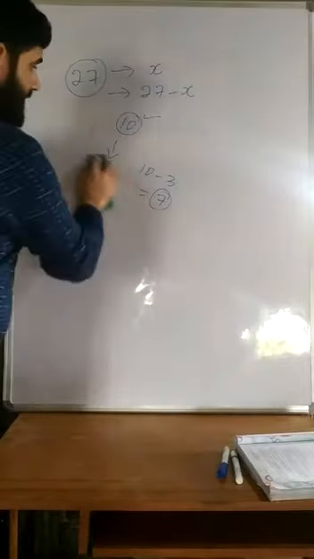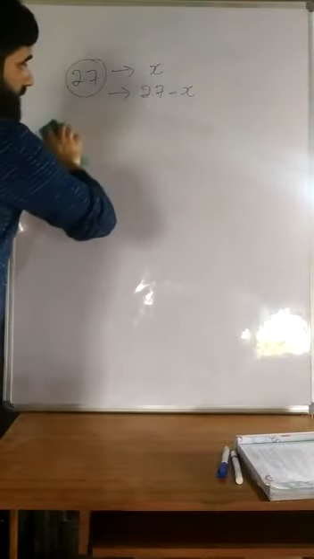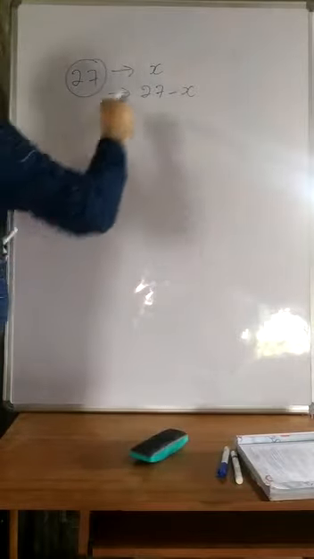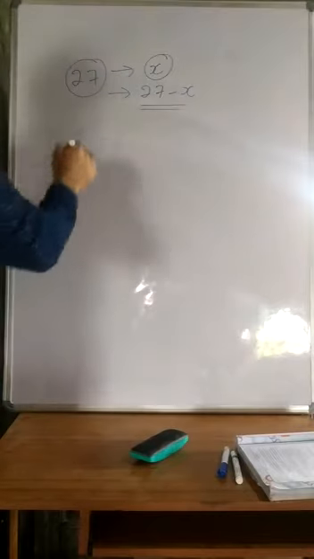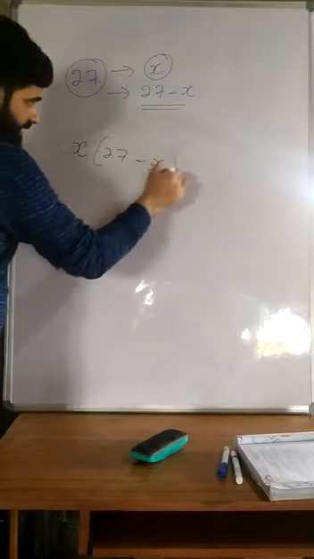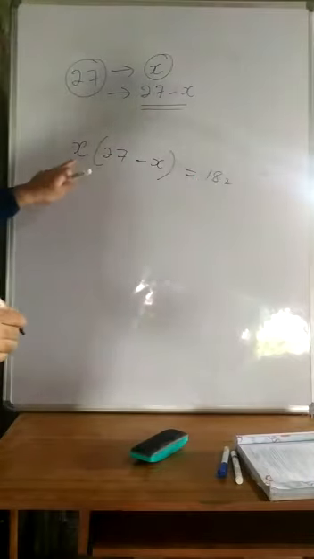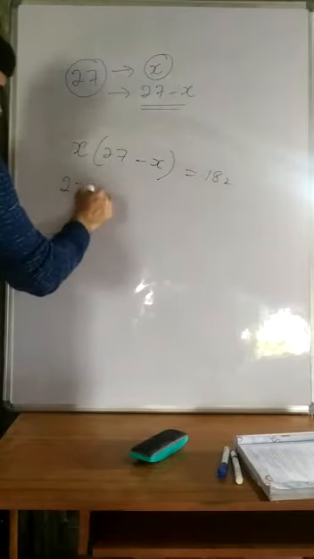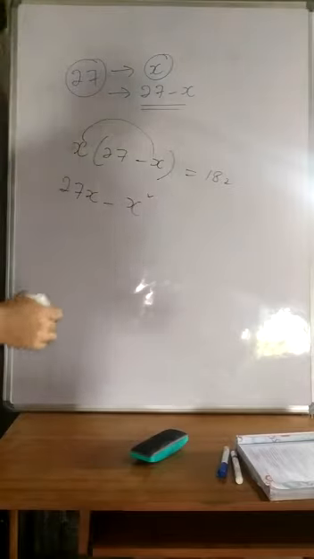The question says that the product is equal to 182. The product of both numbers is equal to 182. It means you have to multiply this x and this 27 minus x. When you multiply x with 27 minus x, it will be equal to 182. Multiply x with 27: it will be 27x minus x into x, that is x square.